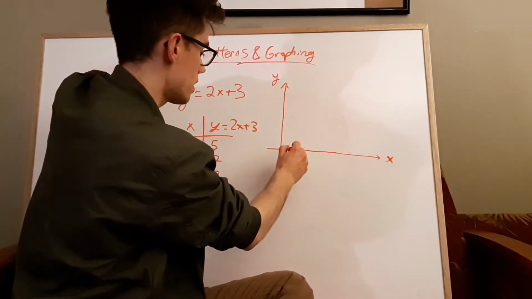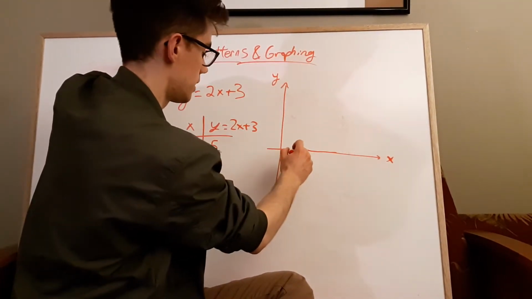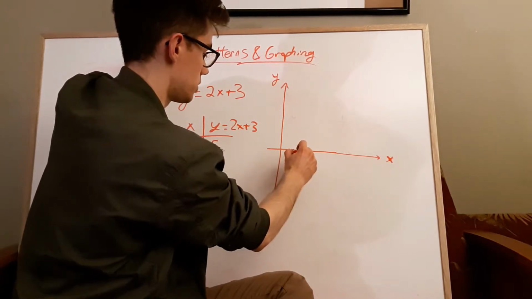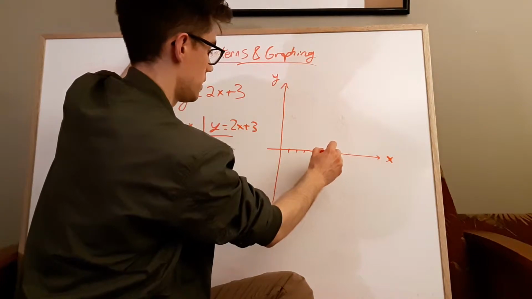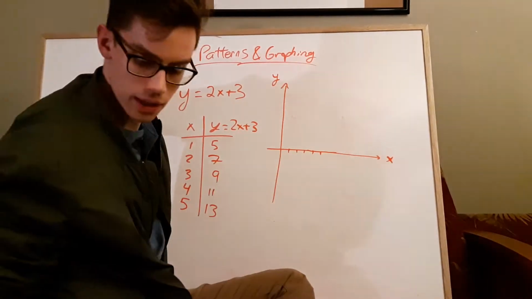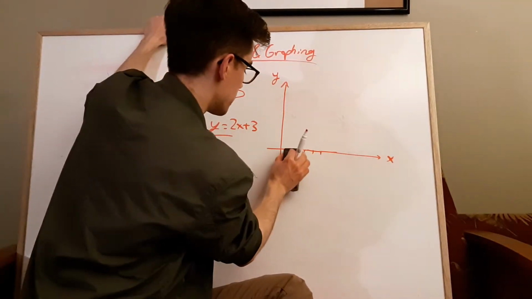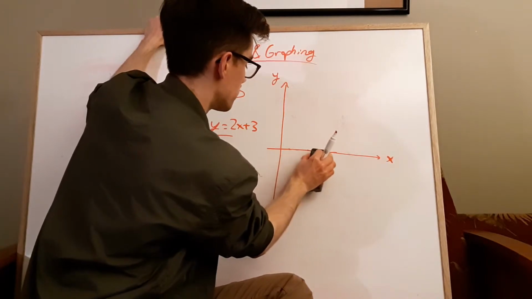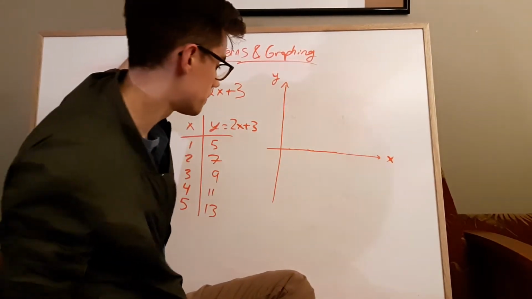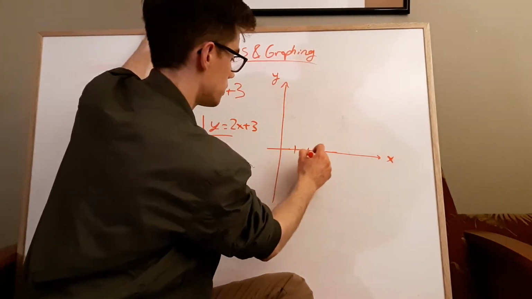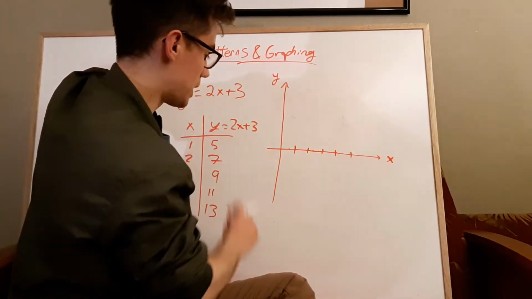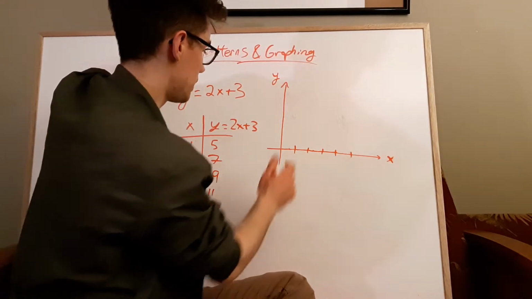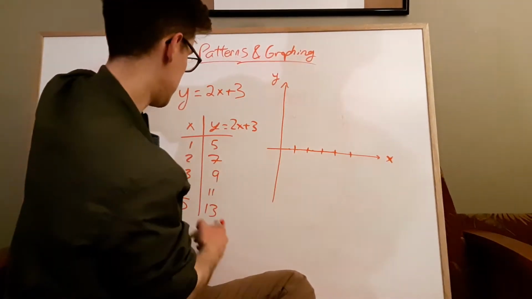So if I start putting some ticks on here, 1, 2, 3, 4, 5, I could make them further apart if I wanted. 1, 2, 3, 4, 5. Maybe that's a little better. And now I need to get to 13.